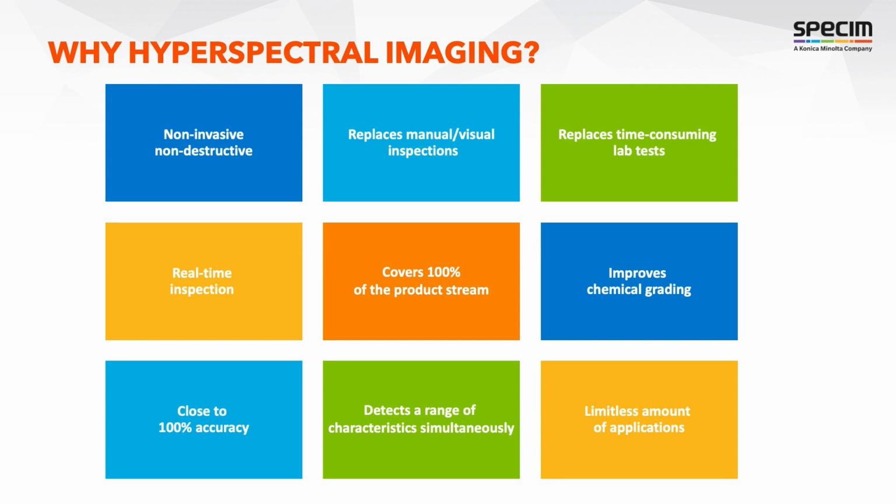You can also make tests in a much quicker way than traditional methods. You can make real-time inspection. You can cover a much broader batch of your samples, like 100% of your product stream. You can improve chemical grading, looking at different things more accurately at different times. You have really high accuracy.